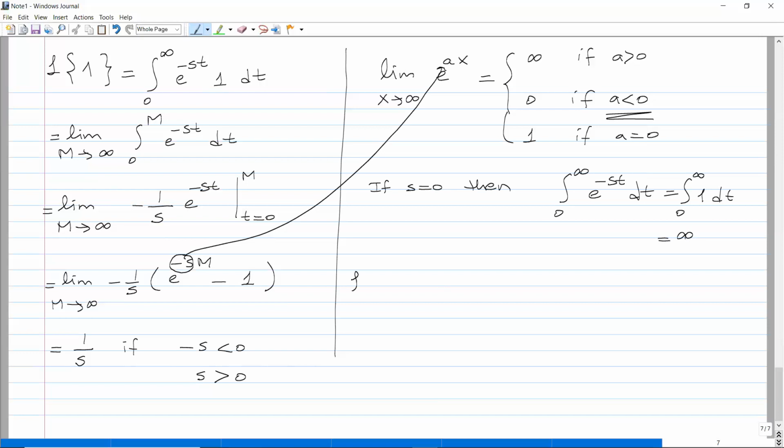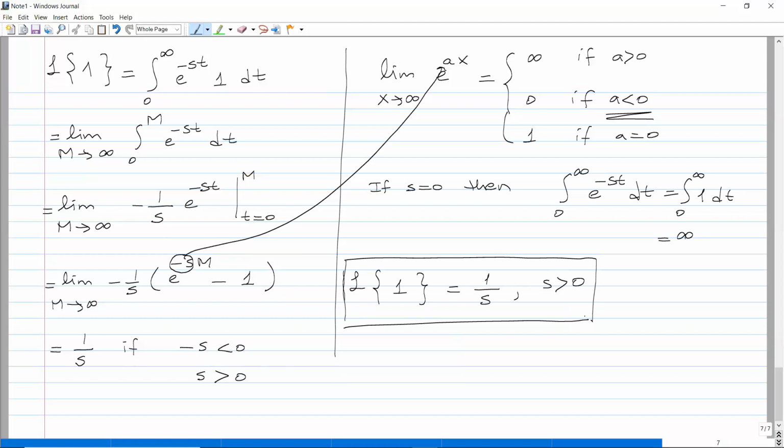So this means the Laplace transform of the constant function 1 is the function 1 over s, and it is defined only for s greater than 0. So this is our first formula, if you want, of Laplace transforms.